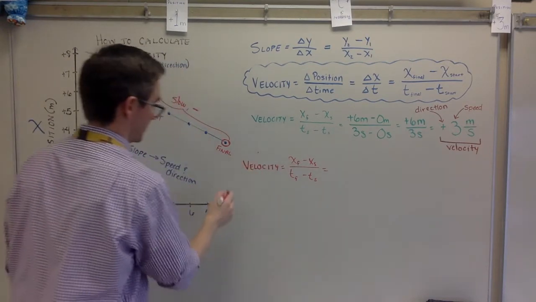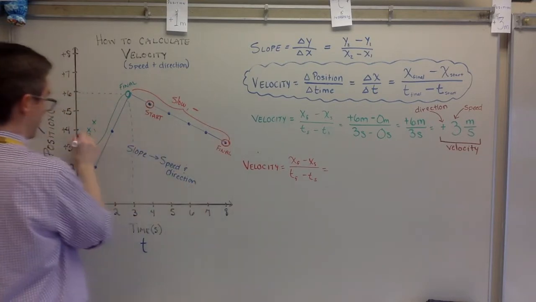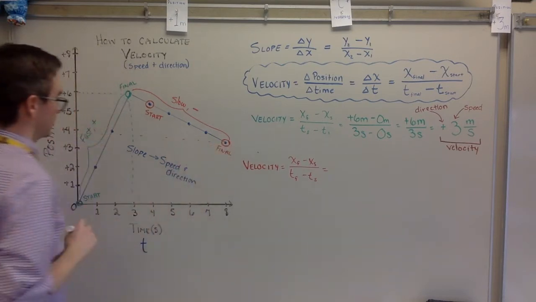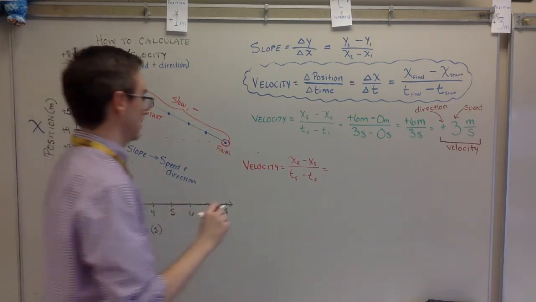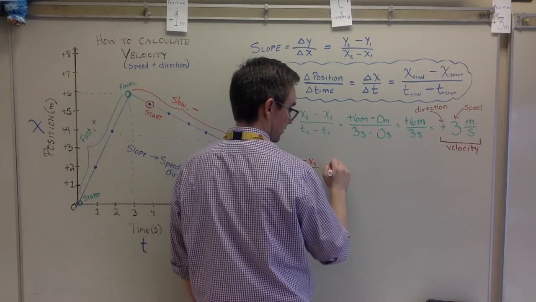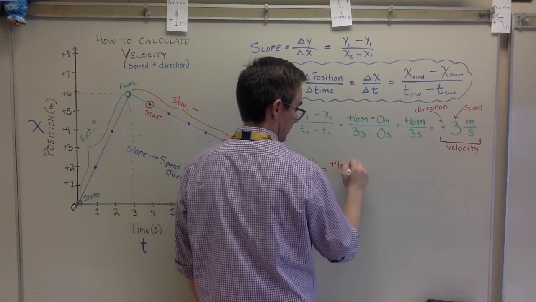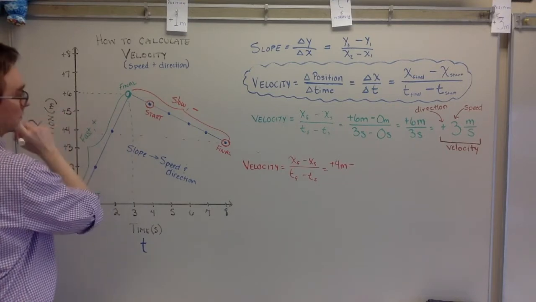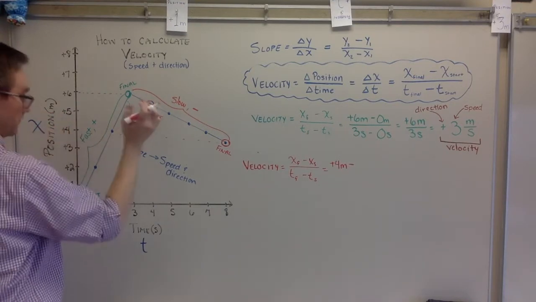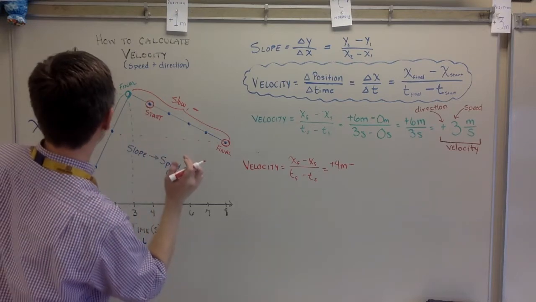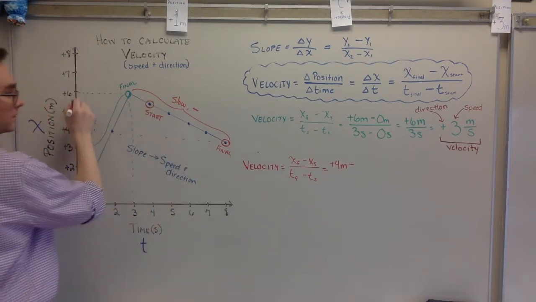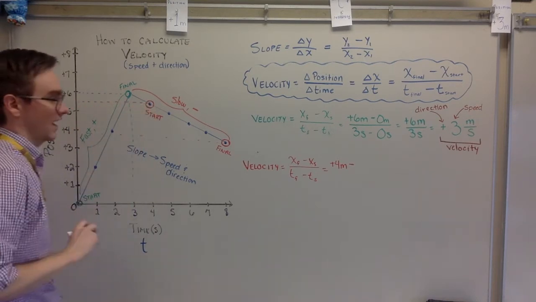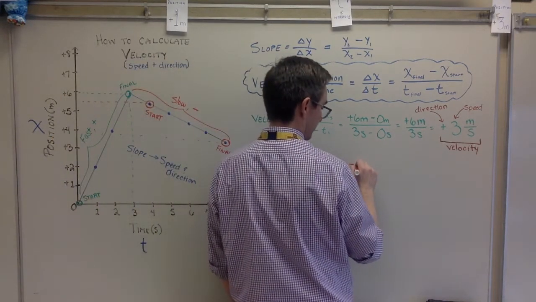So my final position, going all the way across here. That's at positive 4 meters. Minus my starting position. So I did 5.5. Should have picked an easier number, but oh well.